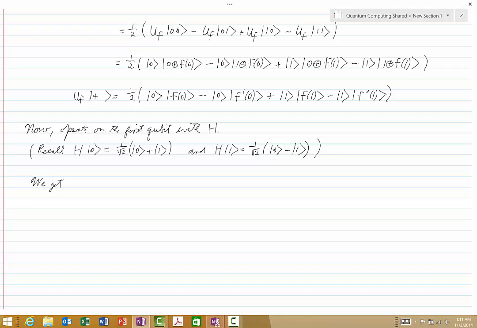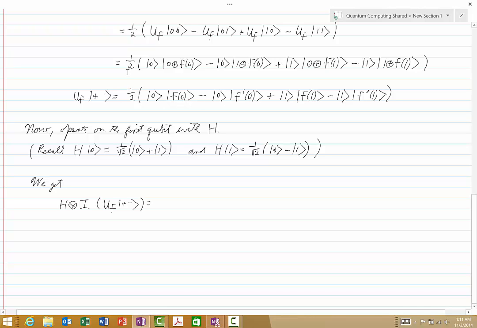Now, the second qubit, we're not bothering it at all. So you could write this as H tensor I, meaning that we're going to operate on the first qubit with H, but leave the second qubit as it is. That operating on UF of plus minus, which is the term that we have identified right here.